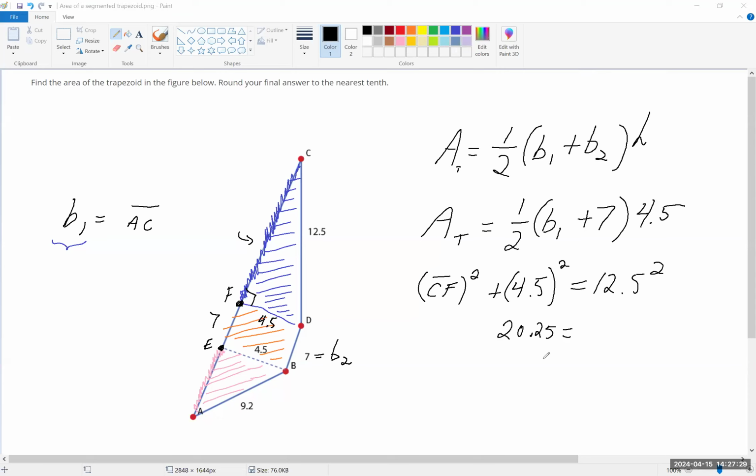And then I've got 12.5 squared, which is 156.25. And I've got CF squared.